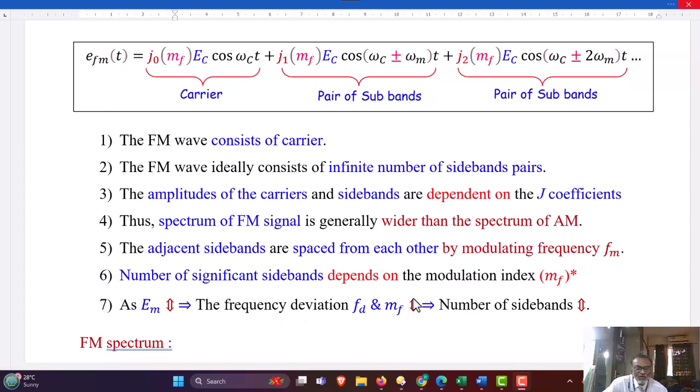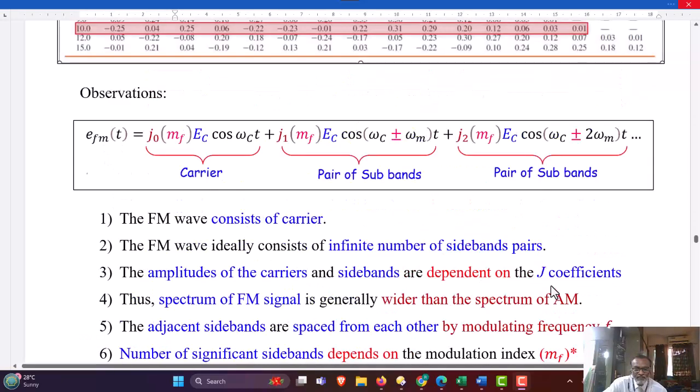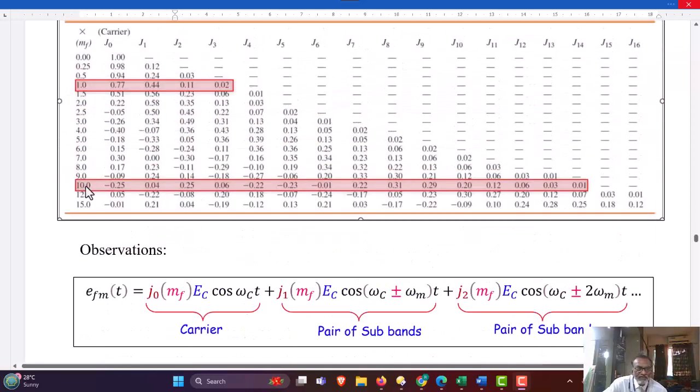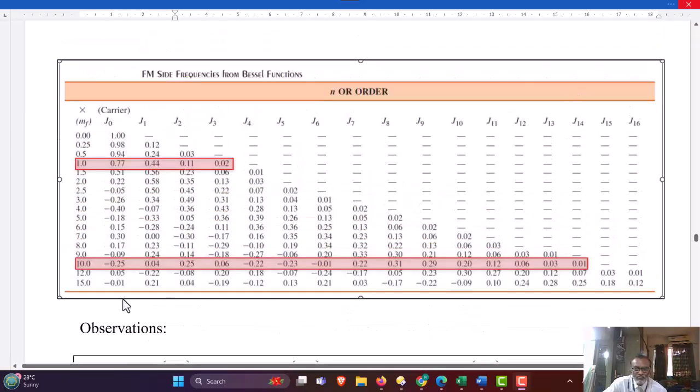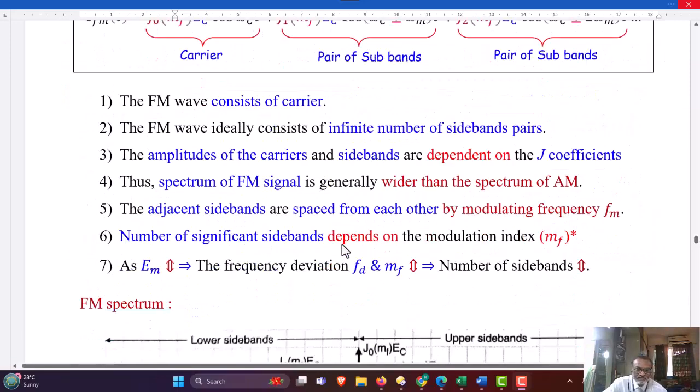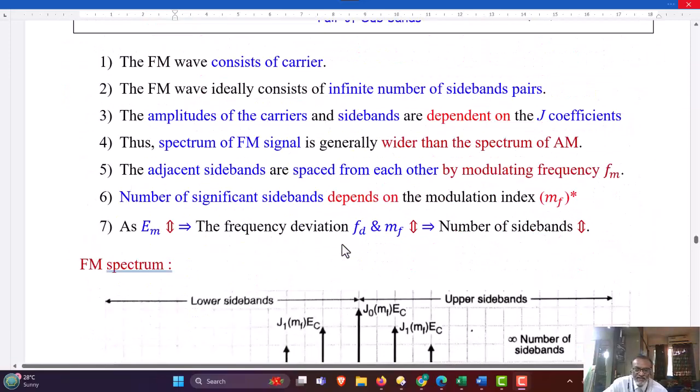The number of significant sidebands also depends on the value of MF. You will see from this table when MF is higher, the significant number of sidebands goes up to 14 for MF equal to 10. If MF is equal to 15, it can continue further up to J20. So 20 sidebands are significant.